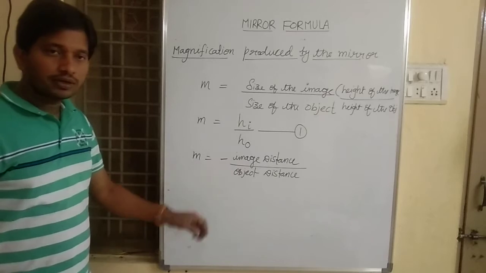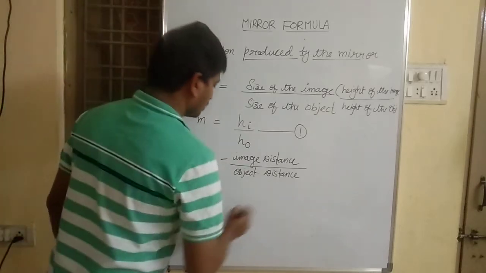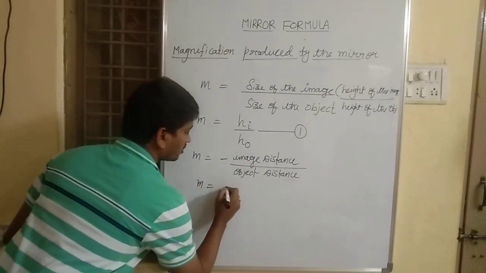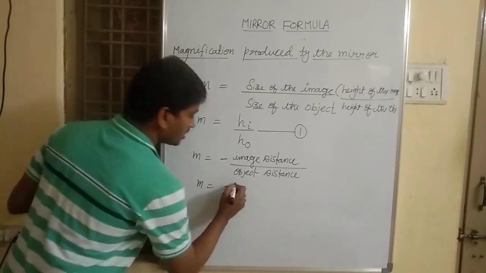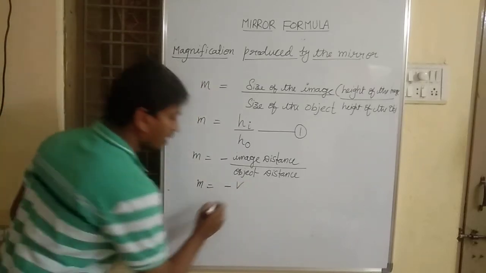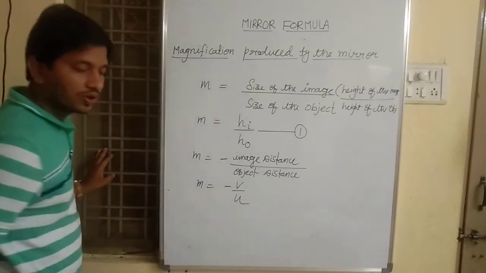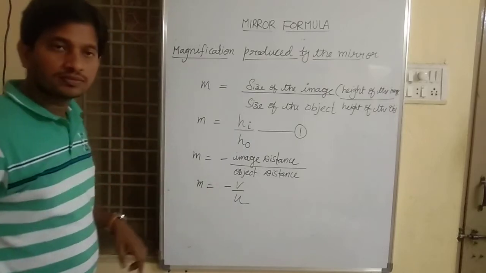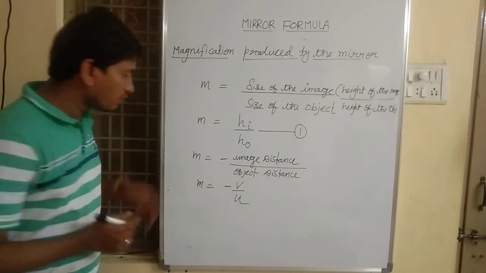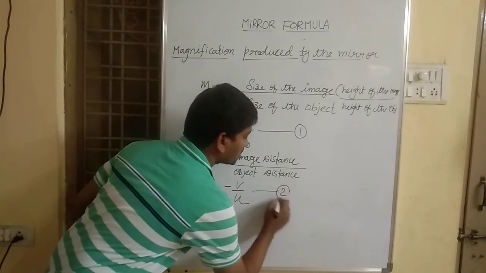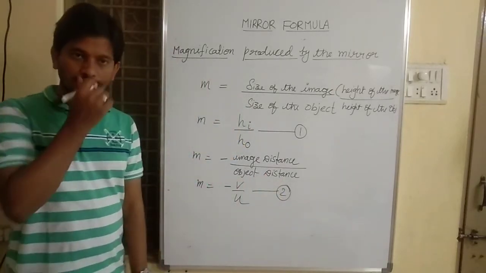Image distance is V and object distance is U, with a negative sign. So M equal to what? Minus V by U, which is our equation number 2.